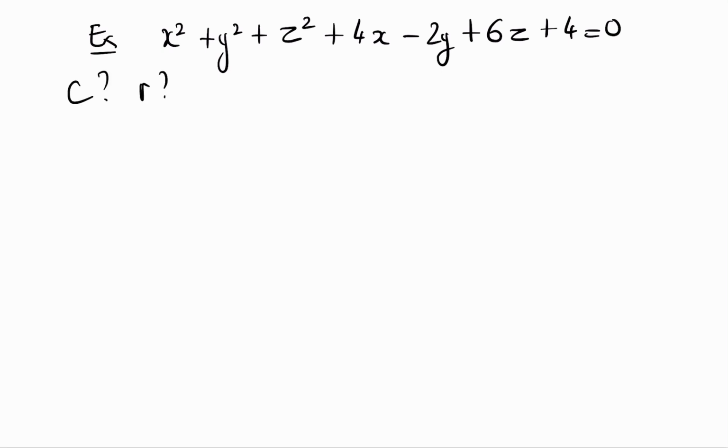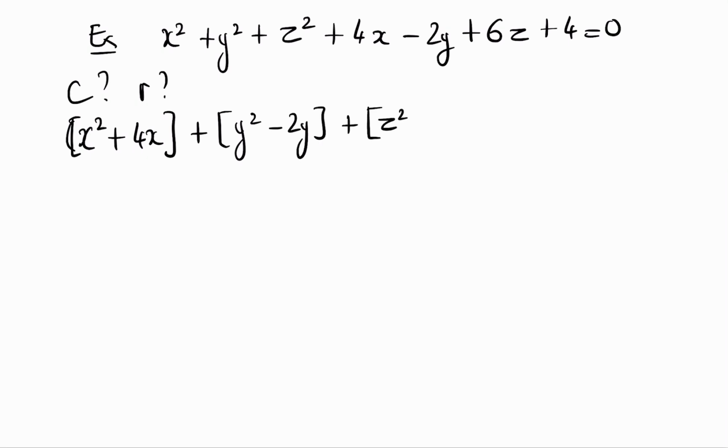We just need to group the x terms together. So the equation becomes x squared plus 4x plus y squared minus 2y plus z squared plus 6z, and then the constant term goes on the other side, minus 4.